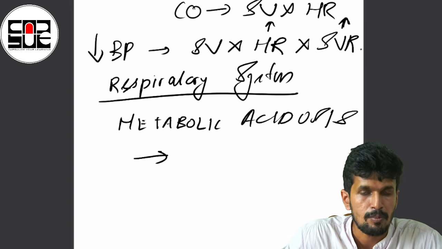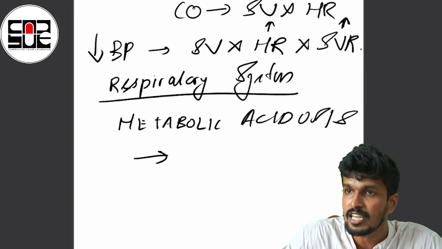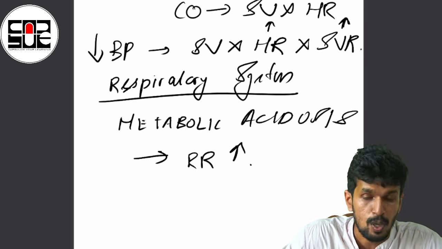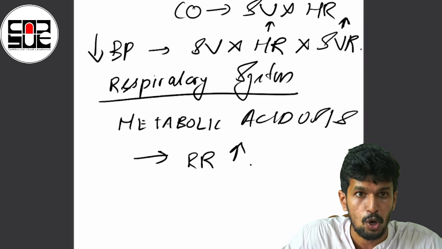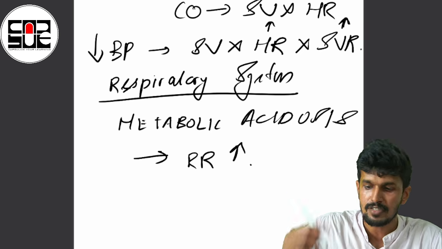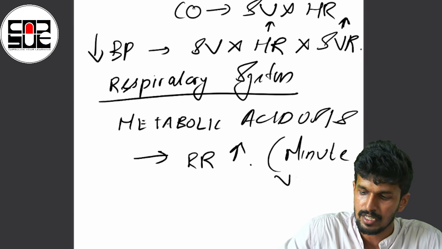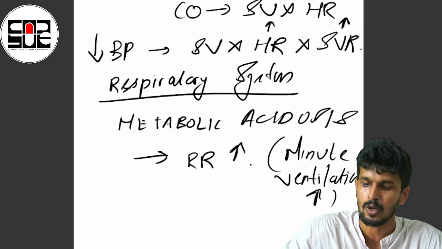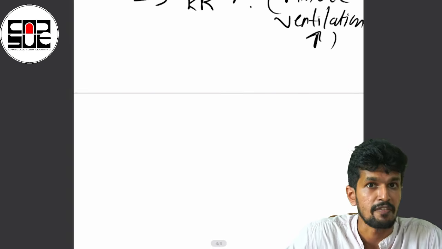Our body starts to breathe more. Our minute ventilation increases, our respiratory rate increases. The metabolic acidosis can be compensated by a respiratory alkalosis by increasing the minute ventilation. Just note it down: minute ventilation is increased. That is how our respiratory system responds at a systemic level to shock.